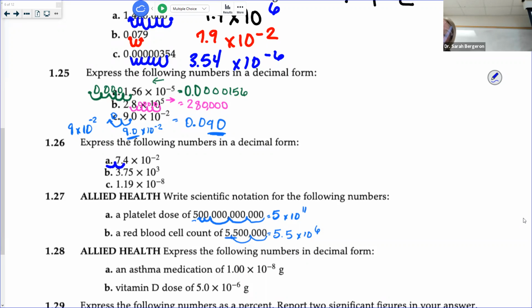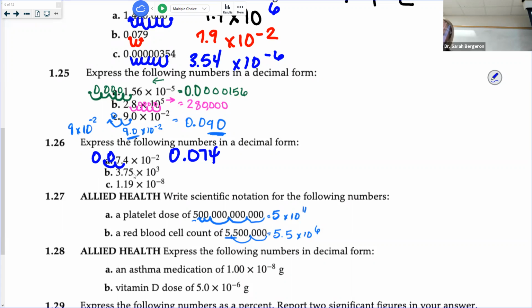Left, 1, 2 times. So I'll end up with 0.074. If you have a negative exponent, the trick is the number of zeros between the decimal and the first non-zero number is 1 less.